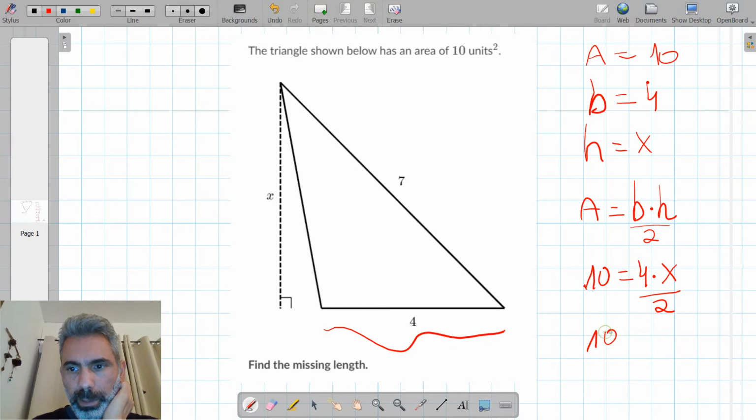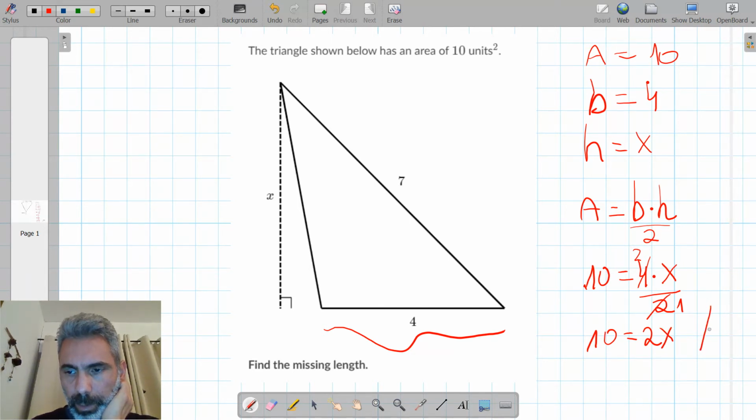So I can simplify this. 10 equals, 2 divided by 2 is 1, 4 divided by 2 is 2. So 10 equals 2 times x.